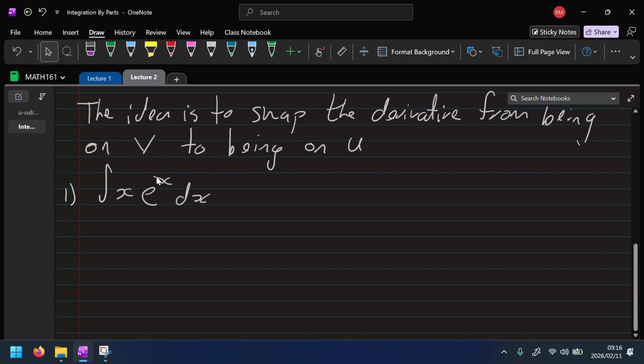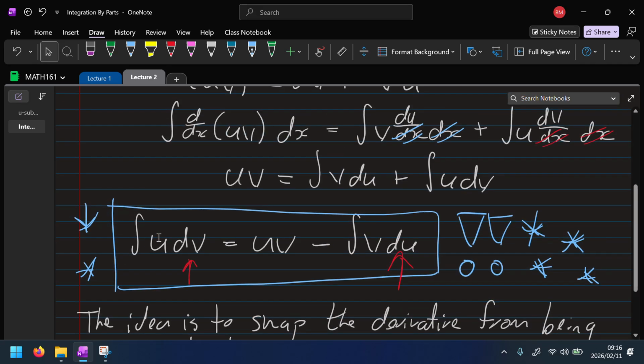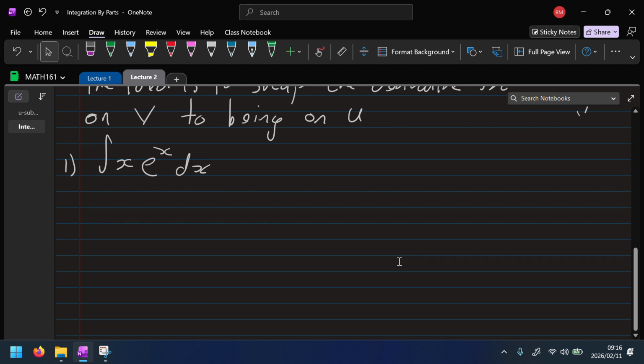But the idea is to choose u to be the part that we can differentiate, right? Because if we look back here, u becomes du, right? We're going to do the derivative on u. So whichever term we pick to be u, when we do the derivative, we hope that it's simpler.